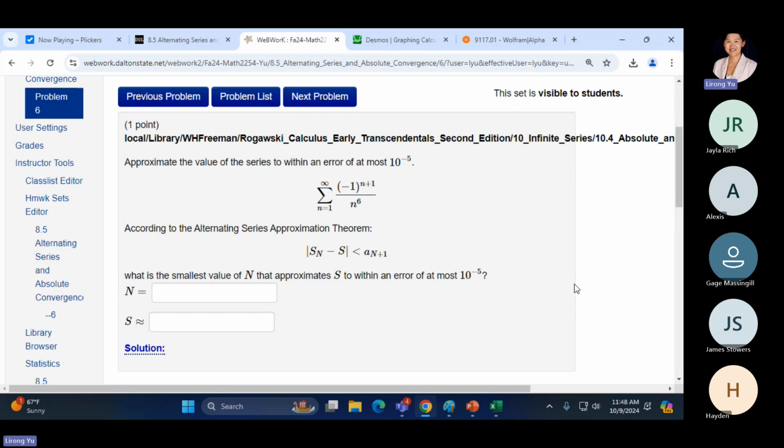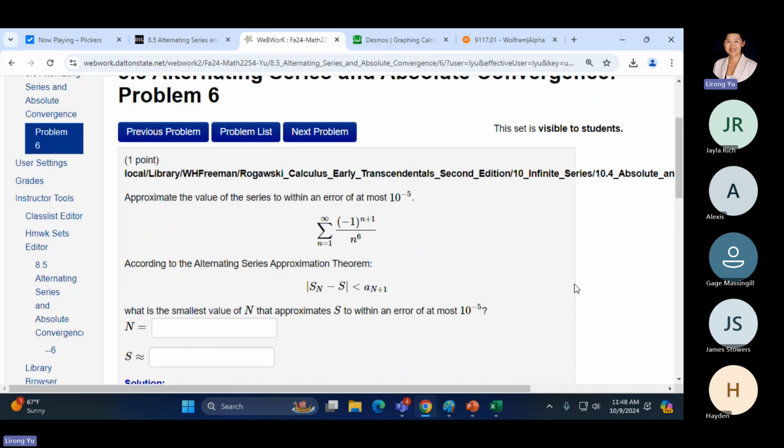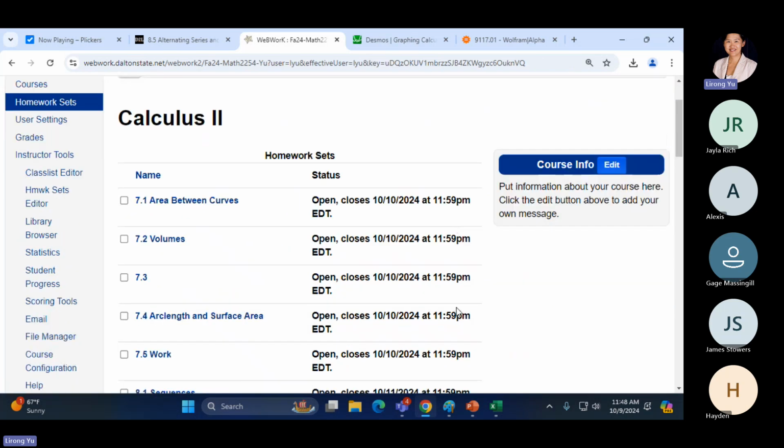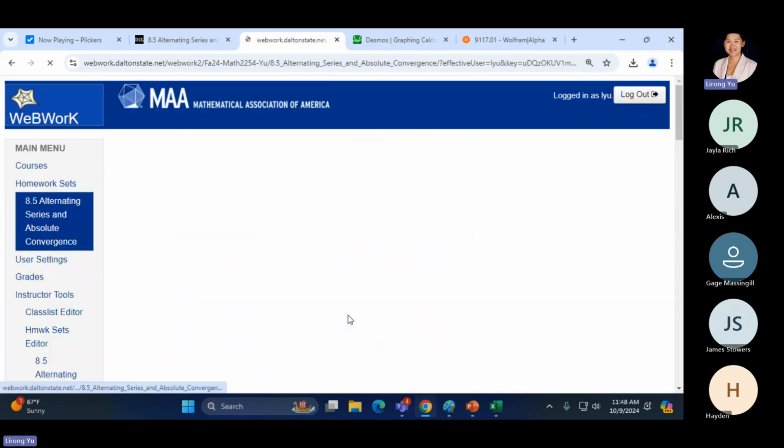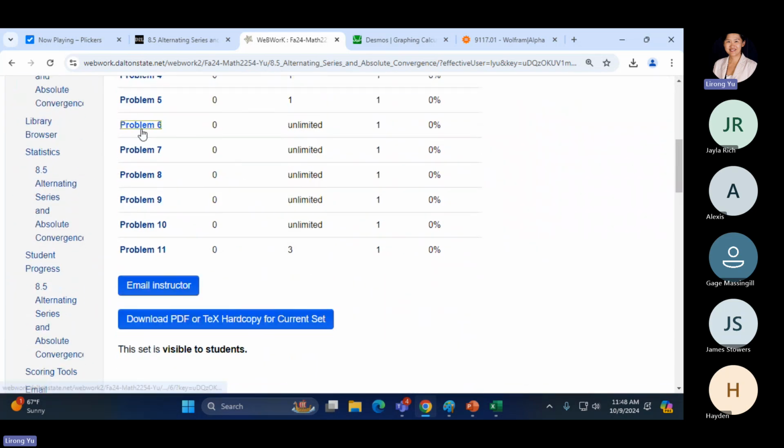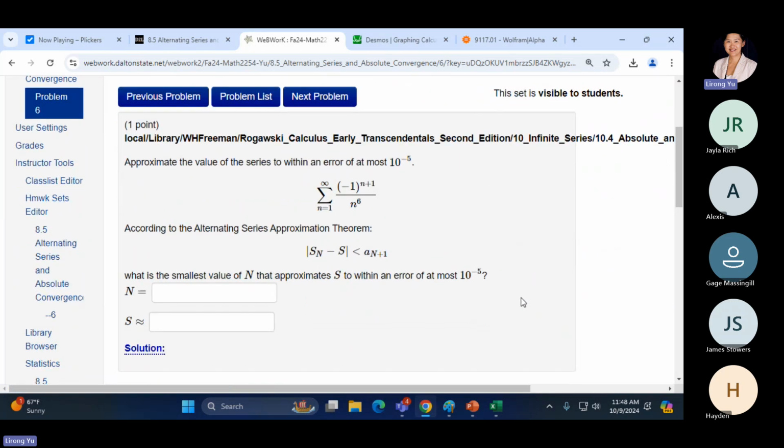If you look at the textbook homework that I assigned, I believe I did assign it because it opened this morning. All right, so start from question 6. It's looking like this. We are trying to figure out this one, which is easier because there's only one n in the a_{n+1}.